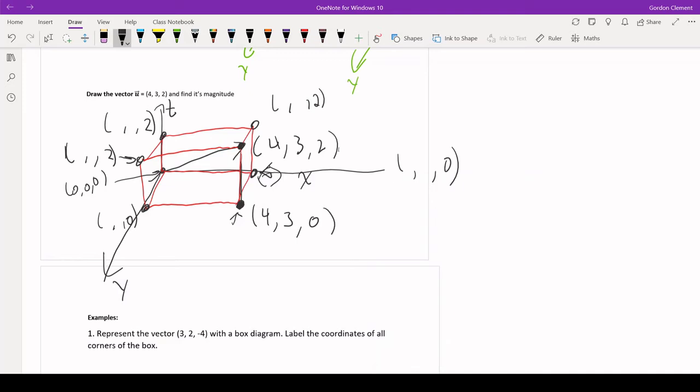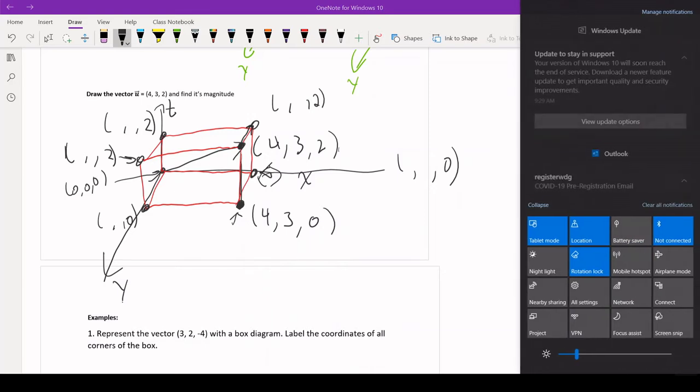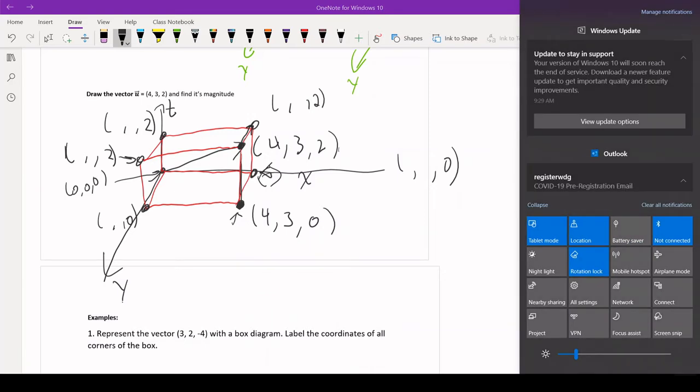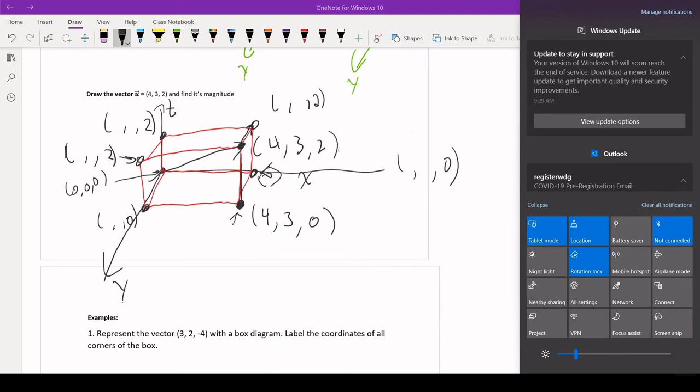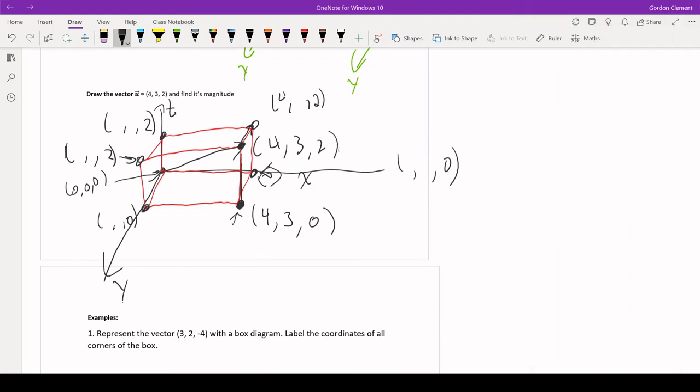If I drop from 4, 3, 2, and I slide back along this side here, I am moving in the y direction. So I'm keeping my x, I'm not moving left to right in my picture. I'm keeping my x, I'm just sliding back on the xz plane, so my y value is 0 is another way to think of that.